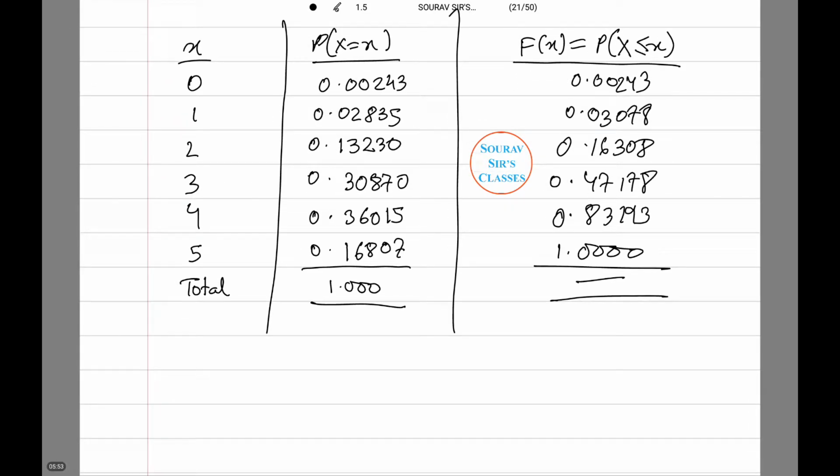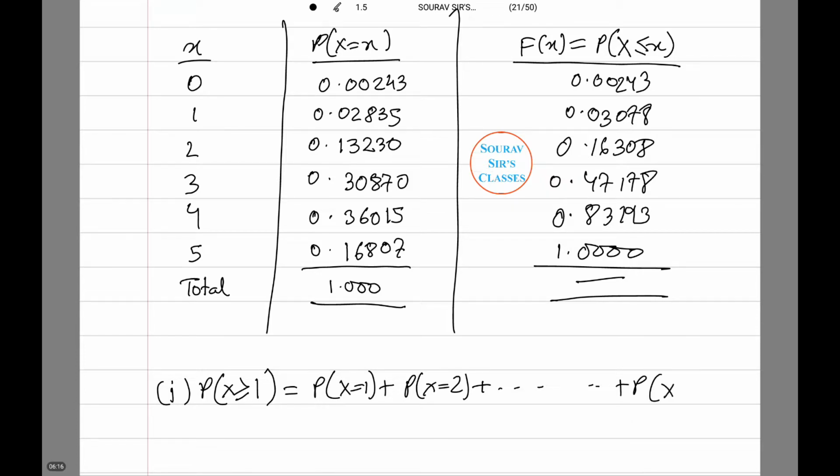Now we'll calculate the case when he is able to hit the target at least once. Number 1, probability X greater than or equal to 1 equals probability X equals 1 plus probability X equals 2 plus till probability X equals 5.